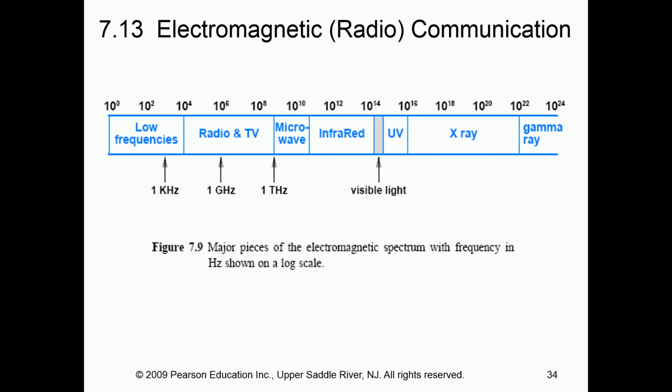That's a fairly popular, at least on the West Coast, country station, pretty much no matter where you go. But above that would be our microwave, then our infrared, then our visible light, then our ultraviolet light, then X-rays, and our gamma rays. But again, we're dealing with mainly 3 kilohertz to 300 gigahertz. That's our radio and TV.